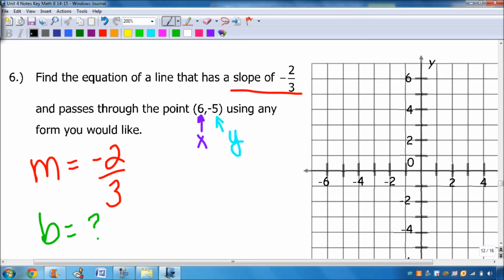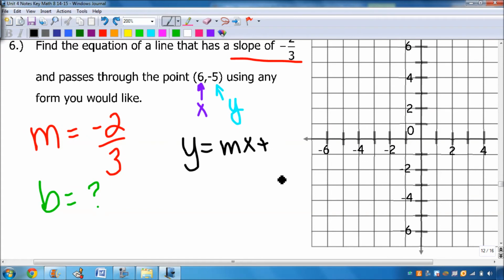So remember, when we use our equation y equals mx plus b, I'm going to color code it so you can see where all of this stuff comes from. So the y, we have color-coded right here, equals m, we know m is negative 2/3, so m, x, we know.